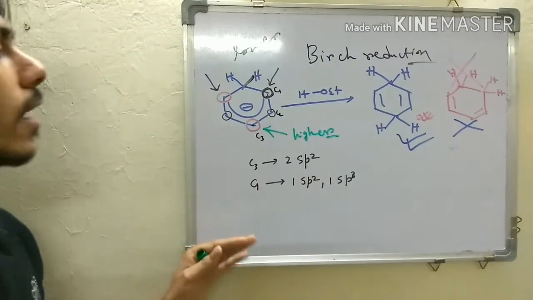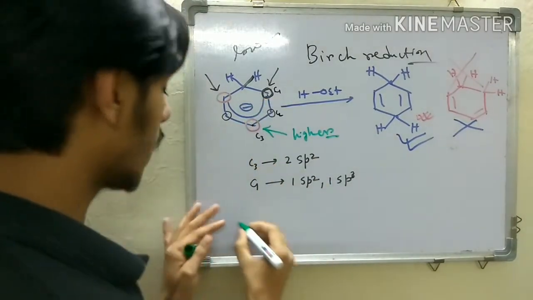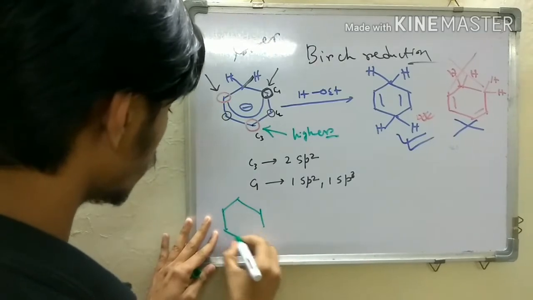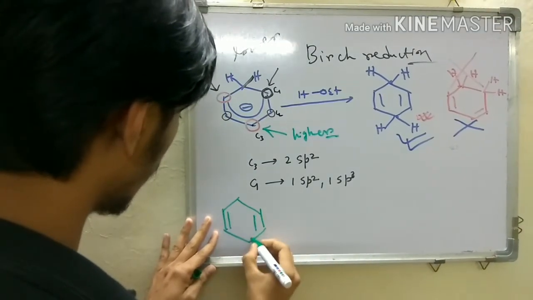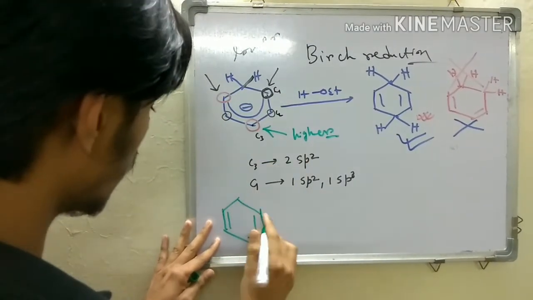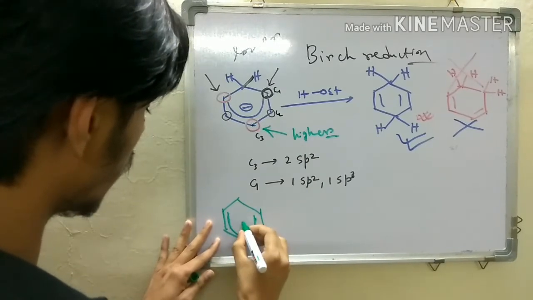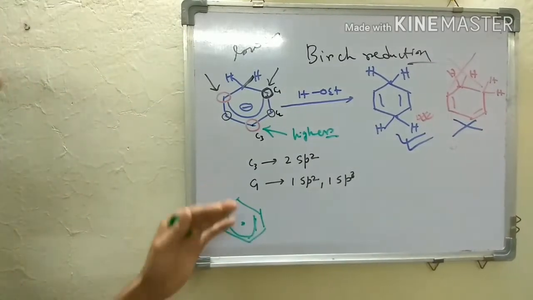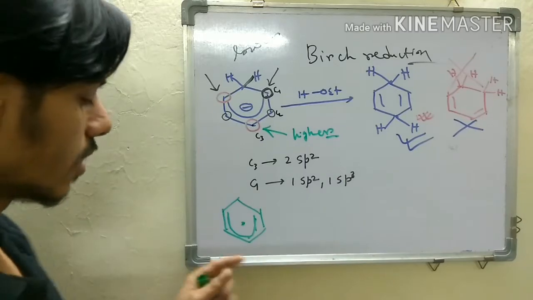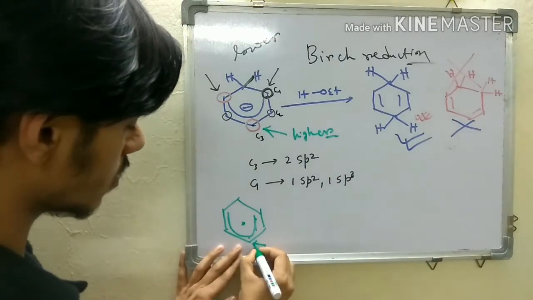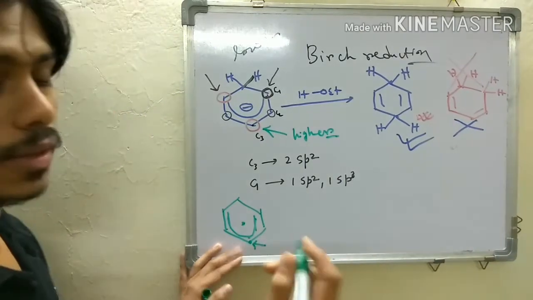And also when they study a radical like this, you can again represent it by full delocalization, and they calculated the charge density. They find that the most charge density is at this position.